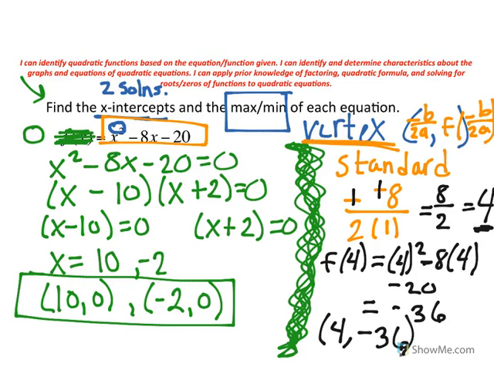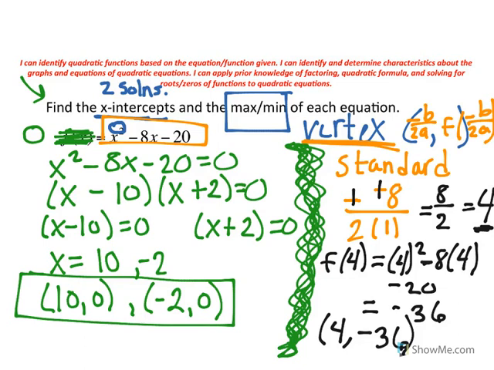And so the last thing we need to decide, yes, that's our vertex, but is this a maximum or is it a minimum? And again, from last class, hopefully you remember, this is a very easy way to figure this out. Look back at the original function. Is your leading term, so your x squared term, positive or negative? If it's positive, then your graph opens up just like the parent function, which means this is a minimum.